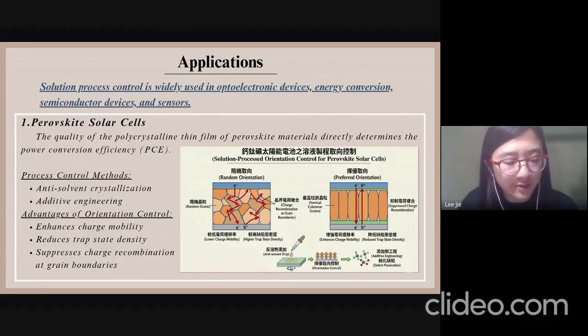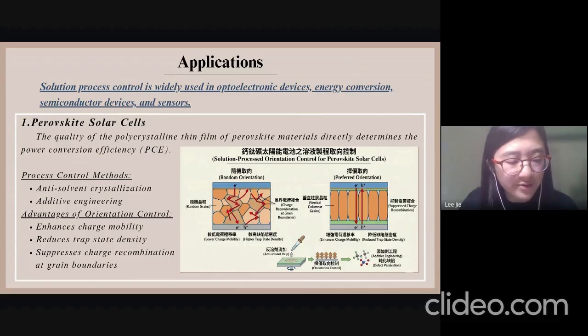Perovskite solar cell. This is the most highly anticipated application area for solution process control in recent years. The quality of the polycrystalline thin film of perovskite materials directly determines the power conversion efficiency. Process control method.